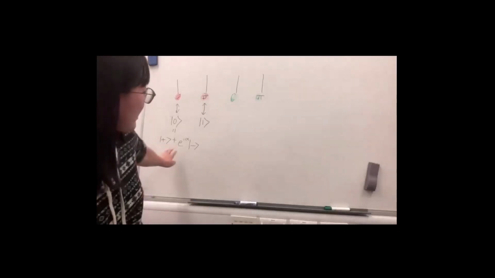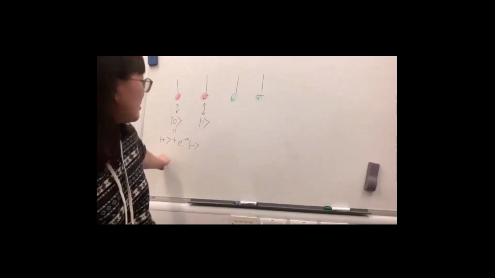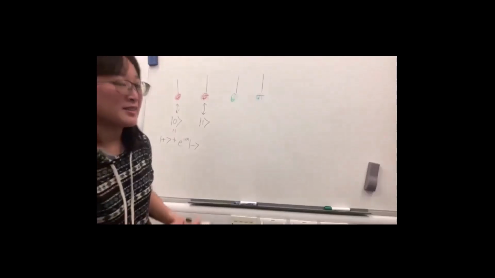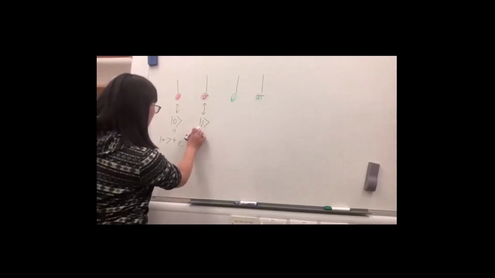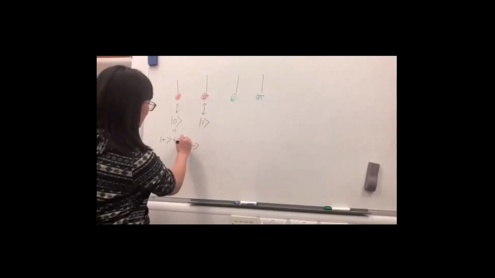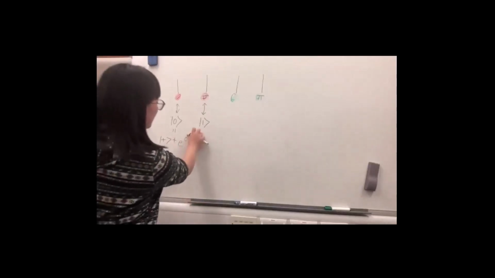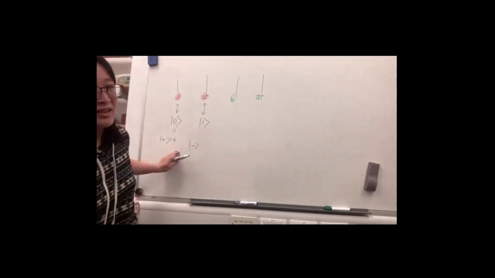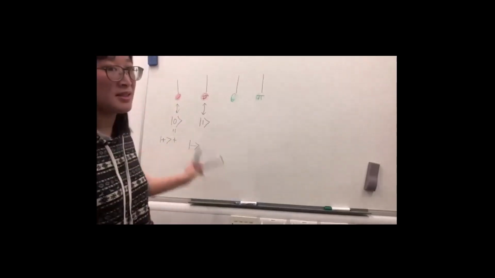So this ket 0, up to a scalar of 1 over square root of 2, is equal to ket plus plus e to the i alpha ket minus, for the special case of alpha equals 0. So when alpha equals 0, e to the i alpha is e to the 0, and that's just the number 1. So that's why ket 0, up to this factor that we ignore for now, is equal to ket plus plus ket minus.